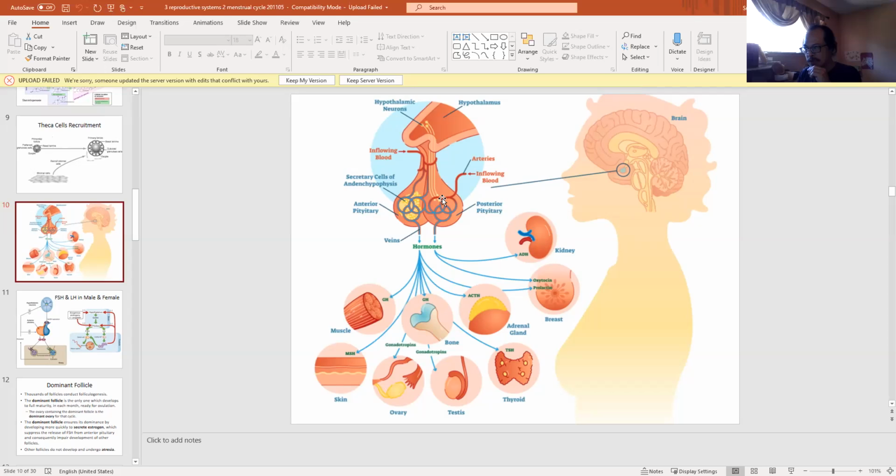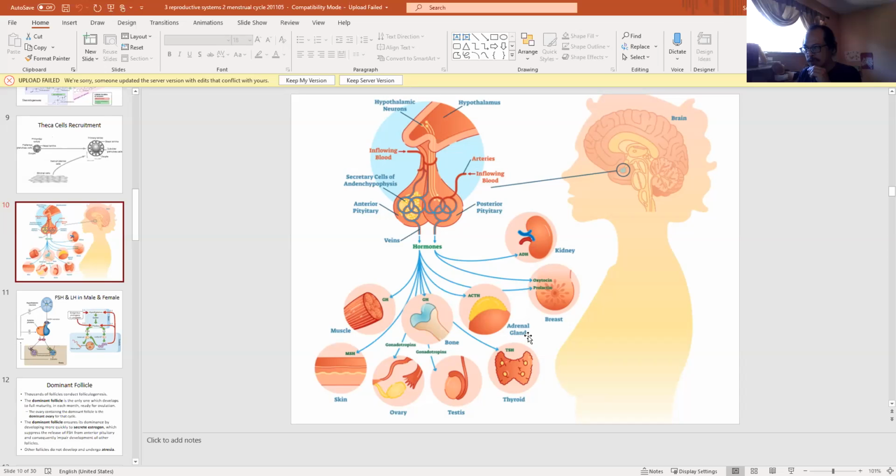If you ever took a lecture on basic human biology or physiology, you probably know this already. This is part of our endocrine system, a very important one. It controls a lot of the whole body endocrine system. The pituitary gland includes the anterior and the posterior. The anterior will release different kinds of hormones, and one of them is the FSH and LH.